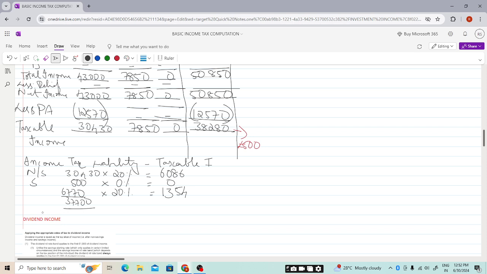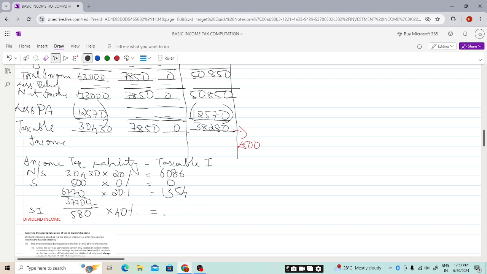So what is the saving income still left? The saving income still left is 500 plus 6,770 minus 7,850. So 580 of saving income will be taxed at 40% because our basic rate limit is already used up by non-saving income, saving income, nil rate band, and the excess will be taxed at the higher rate.